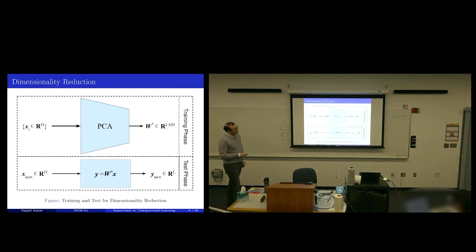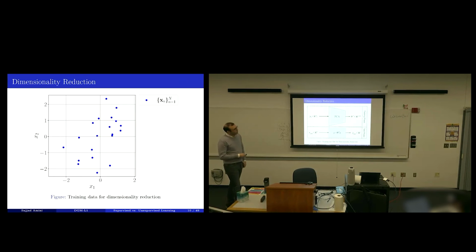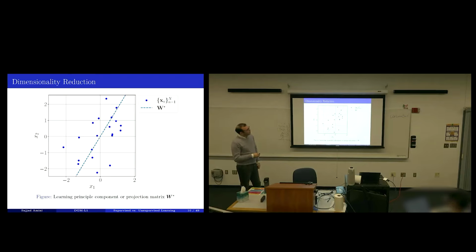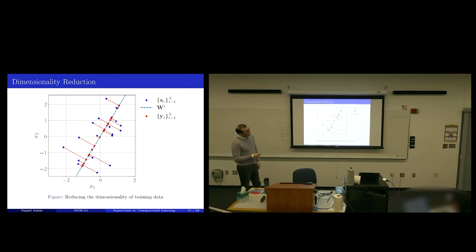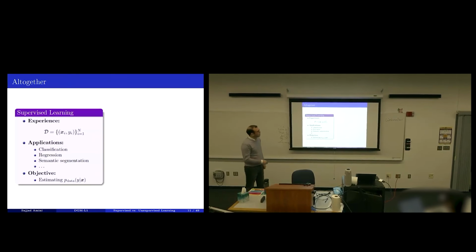And this is the block diagram of the PCA, and this is an example of dimensionality reduction. You have these types of data. Based on the loss function we designed, we understand that the best direction to minimize the loss is this direction. Then you project the data onto this subspace, and then you have one-dimensional data instead of two-dimensional.